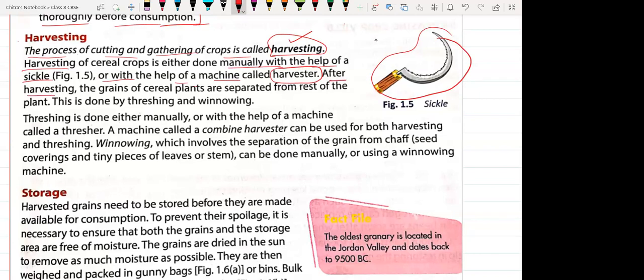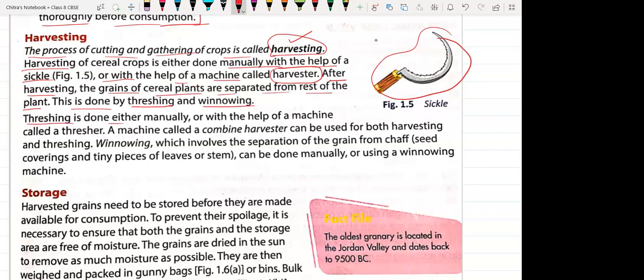After harvesting, the grains of the cereal plant are separated from the rest of the plant. This is done with the help of the process called threshing. The removal of the small particles by supplying air is called winnowing.